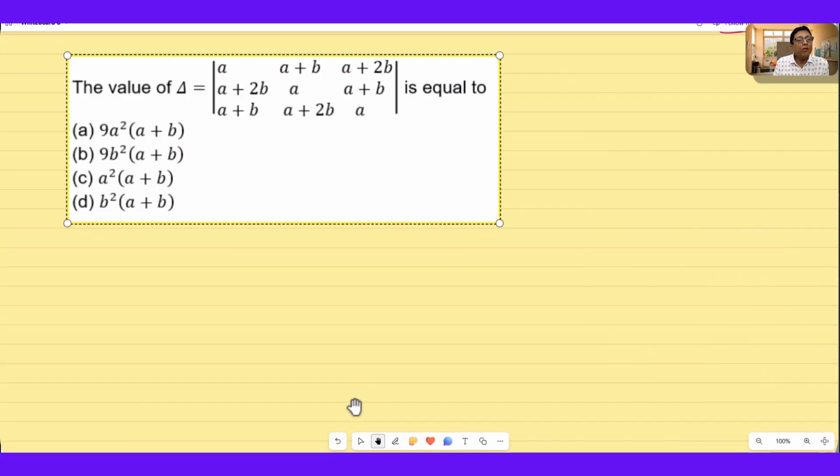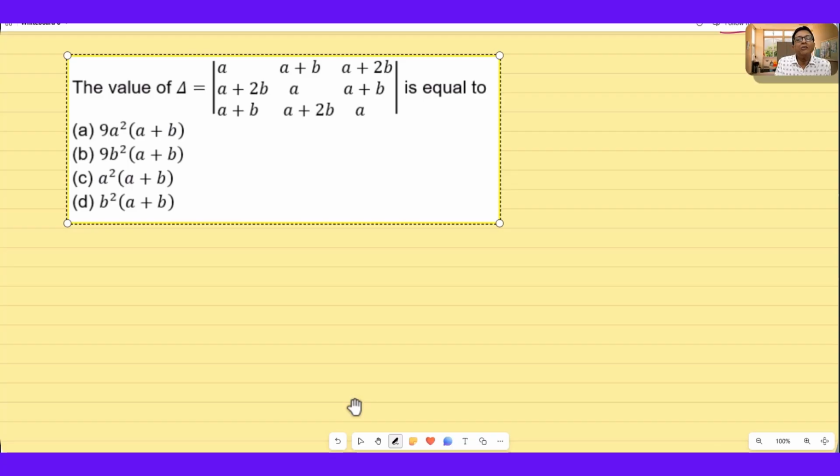What is the value of this determinant? A plus b, a plus 2b, a plus 2b, a plus b, a plus b, a plus 2b, a. See, if you add all the elements, then you can do. Elements of 2 rows can be added to the third row, or elements of 2 columns can be added, using the K property. You are doing the operation twice.